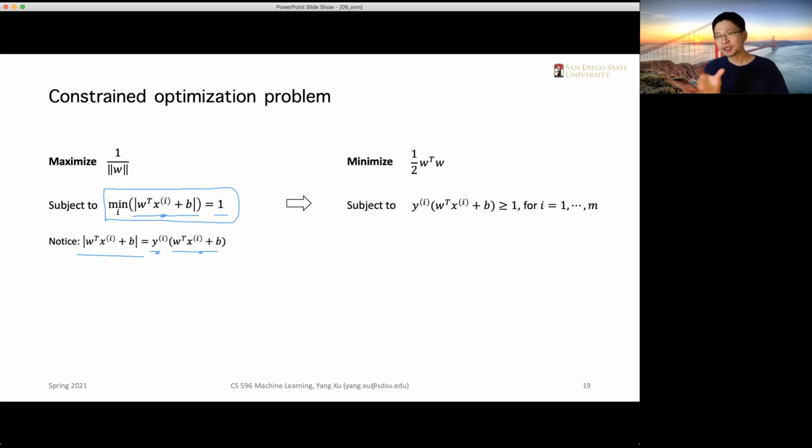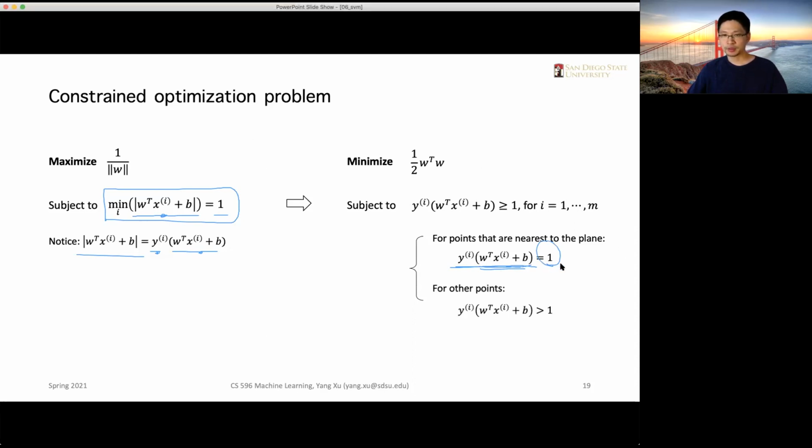These constraints fall into two cases. The first case is for the data points that are nearest to the plane. Because they are the nearest data points, we know the absolute value is 1, so for those data points the equation is satisfied with equality, meaning their values are 1.